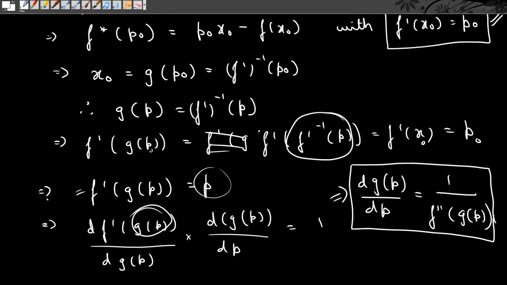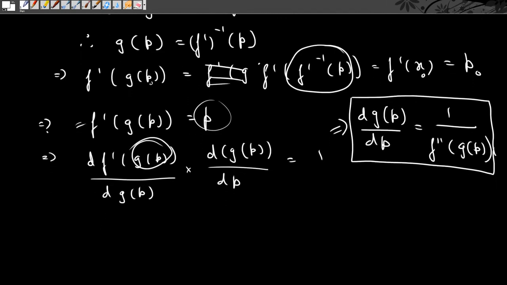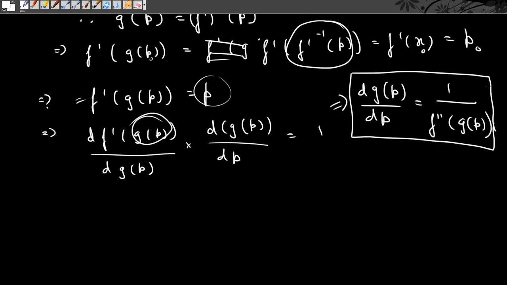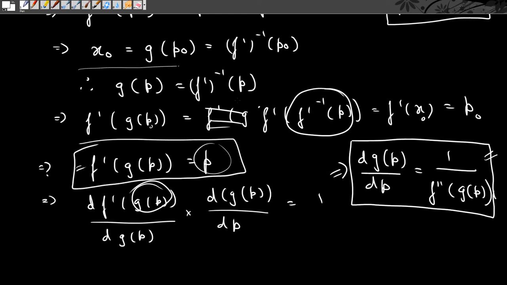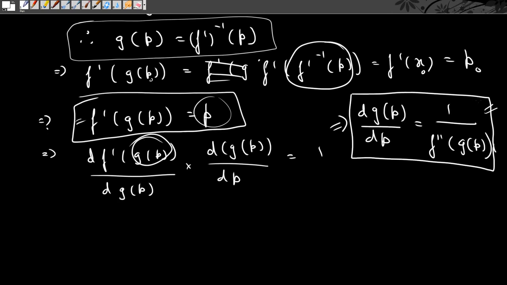So far it has been simply mathematical playing around, and that leads us to this equation from the fact that this particular relation is satisfied. Why? Because that is how g of p is defined. Okay, because g of p is the inverse of f dash.